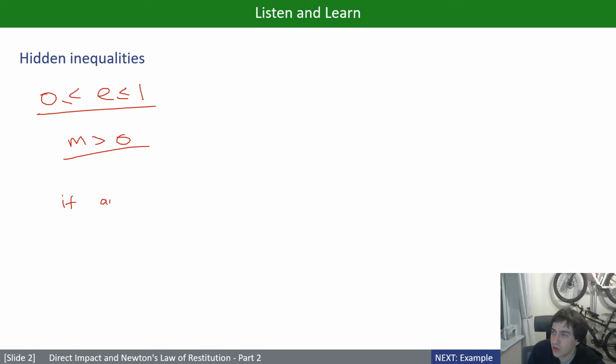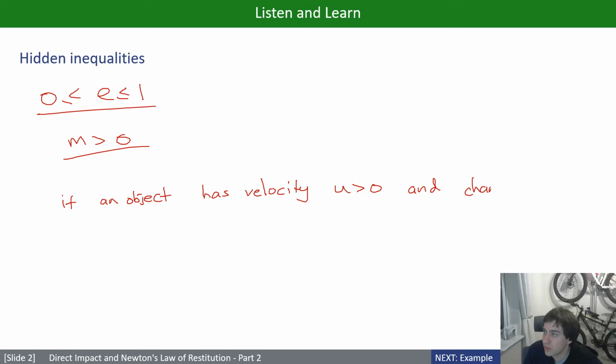If an object has velocity u, and changes direction, I guess what I'm trying to say is, if you're told that an object changes direction, what that's effectively giving you in mathematical terms is, we have no idea what the magnitude of the velocity is, but we know that the sign changed.